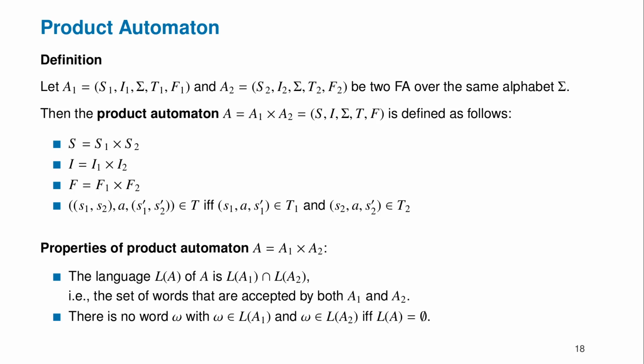And if the intersection is empty, then also the language of the product automaton is empty. Okay, so let's look at two examples, one which illustrates that there is an intersection and one which illustrates that the intersection is empty.